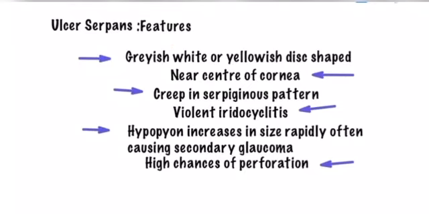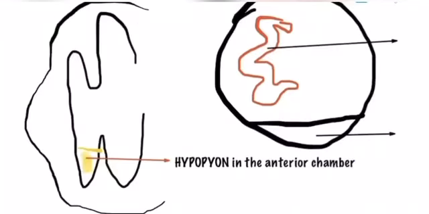So the ulcus serpens is not a superficial ulcer. From this point, you can understand it. It might also invade the deeper layers, causing perforation. So next, this is a diagrammatic representation of how the hypopyon looks in the anterior chamber, the bottom of the anterior chamber. And this thing here is the cornea, and here is a creeping pattern of the ulcus serpens.